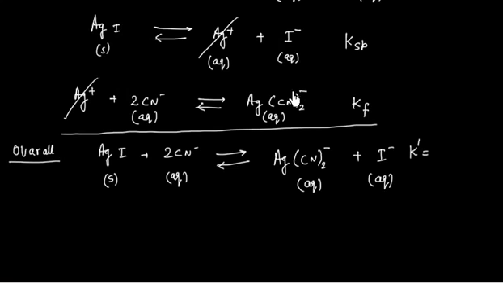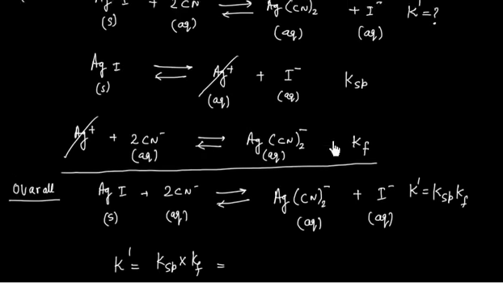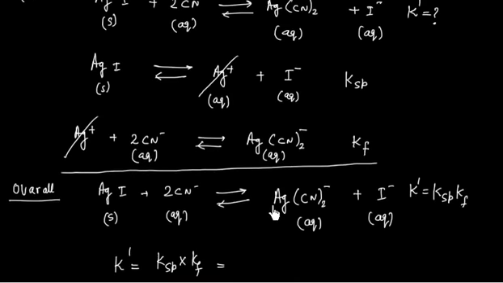If I sum two equations, the equilibrium constant gets multiplied, so this is Ksp into Kf. So K dash is equal to Ksp into Kf. Ksp is given as 8.3 into 10 to the power minus 17.